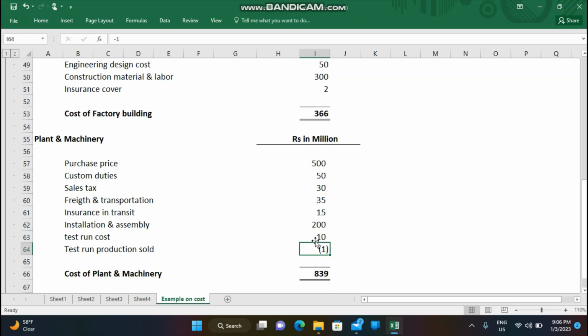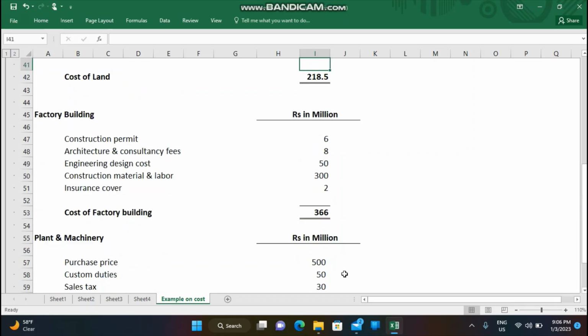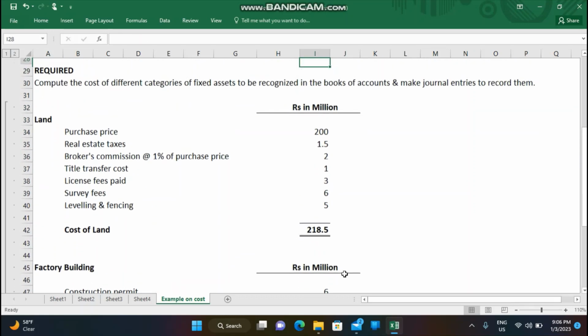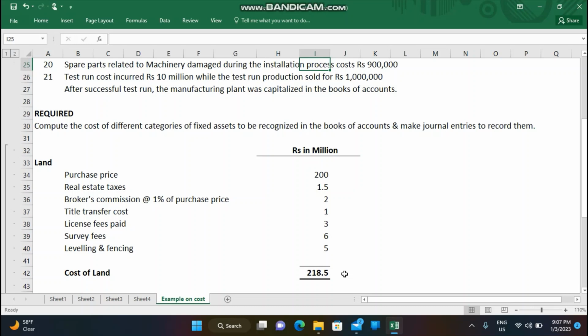So the total cost of plant and machinery is coming as 839 million rupees. This 839 is the cost of plant and machinery that will be recognized as a fixed asset. Okay, now let's see the accounting entries, which is the second part of the requirement.